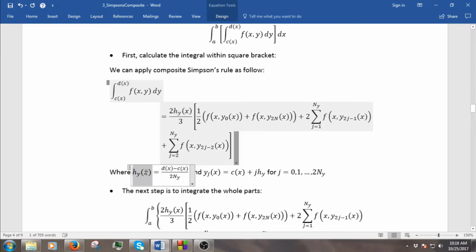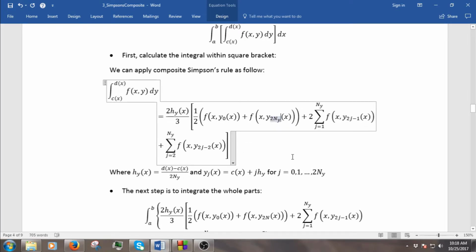So h_y(x) is d(x) minus c(x) divided by 2 multiplied by n_y, and y as a function of g itself is equal to c at x coordinate plus g multiplied with h_y, and in this case g starts from 0 to n_y, so I need to change it as well.